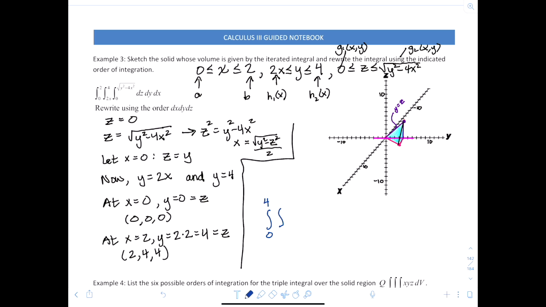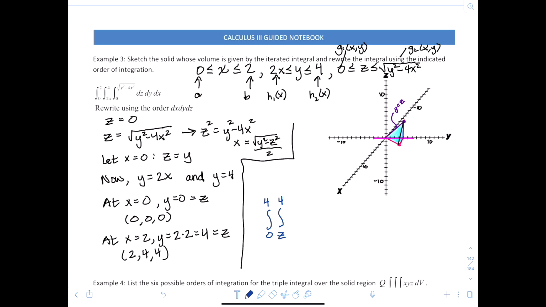Our middle function needs to be y equals some function of z. So remember, we have that line y equals z, and then it goes up to y equals 4. Cool, cool?